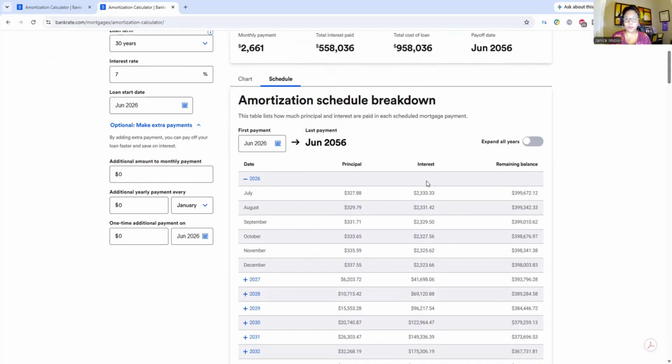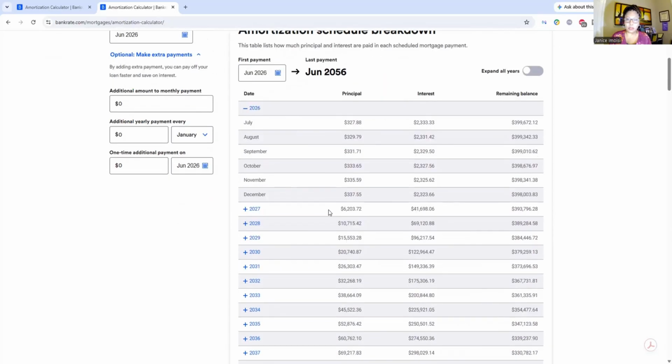Wow. And then in August, $329. Look at that. It goes up a whole $2 and some change. And then interest is $2,331.42. So let me just stop right there because I don't want you to fall over on me.